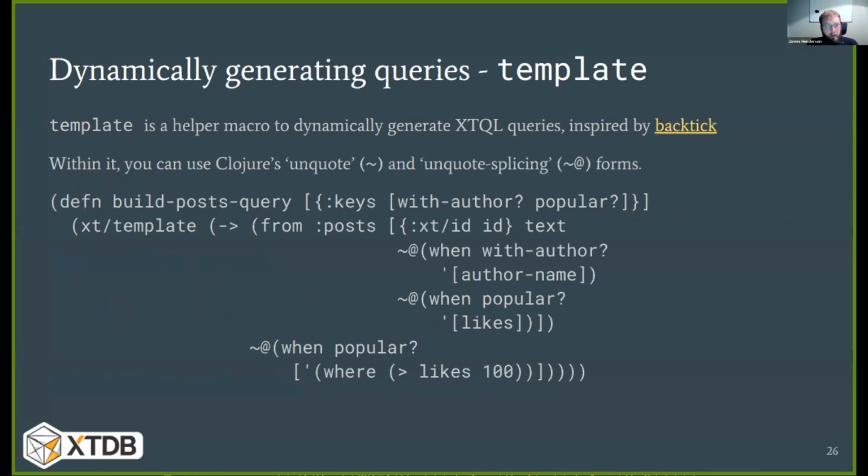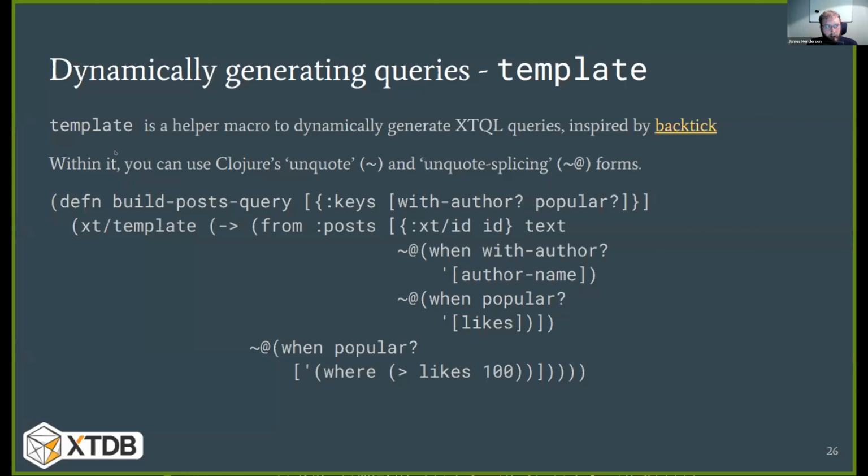And finally, on the XTQL side, we'll talk about dynamically generating queries. So I talked earlier on about how we wanted XTQL to be amenable both to writing queries by hand, and hopefully we've shown that through the demo, but also generating them. And here, we demonstrate a use case where we might have, let's say, an HTTP request comes in, and based on query parameters, we want to sometimes return additional author data, and sometimes we only want to filter to posts that are popular.